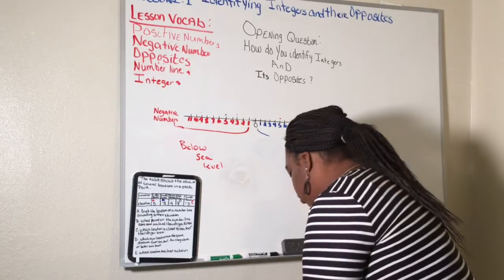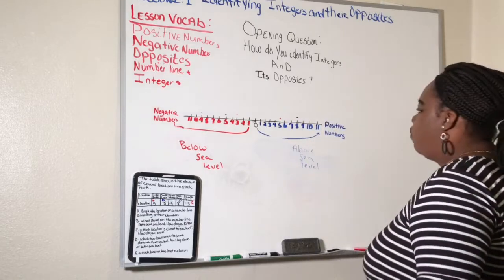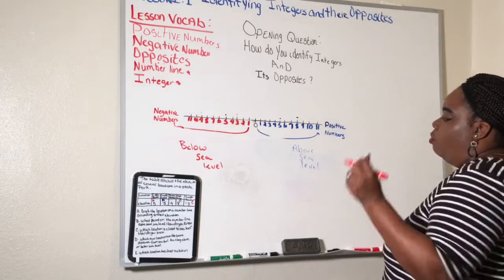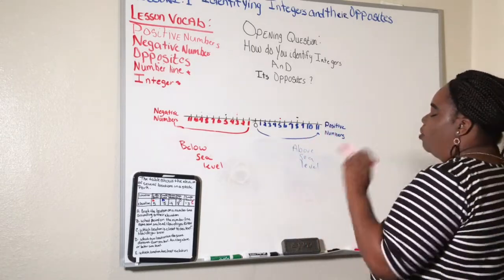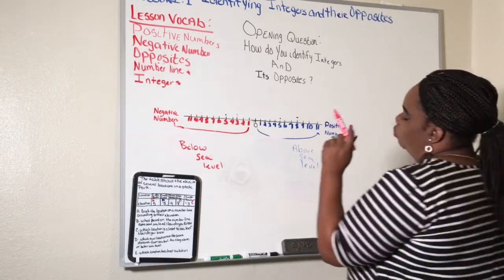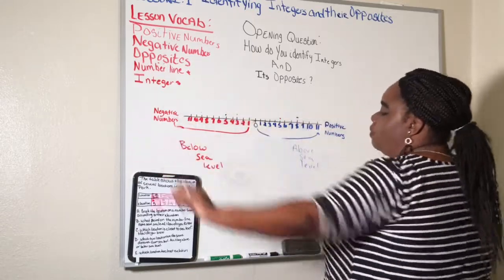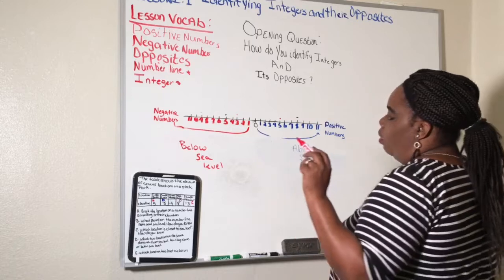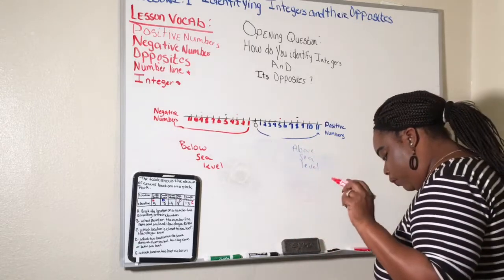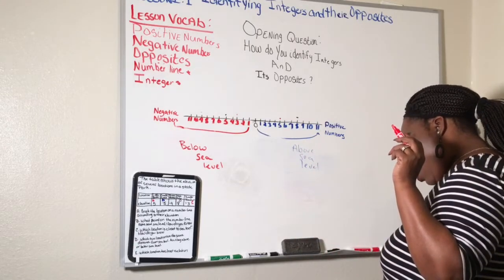So what we're going to do is we're going to go over to our number line. We see that we're looking for below sea level. So that means we're going to go to the left side of our number line because we know that everything on the left side is negative, which means it is below 0. And we're looking for 7 feet below sea level.